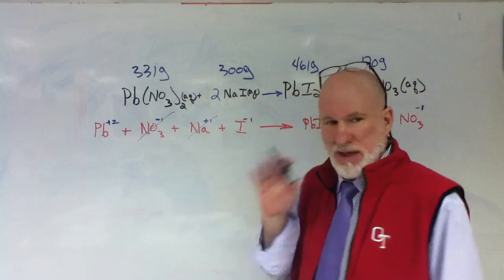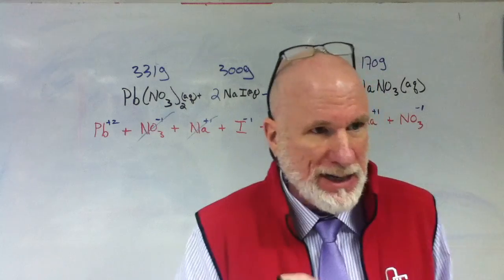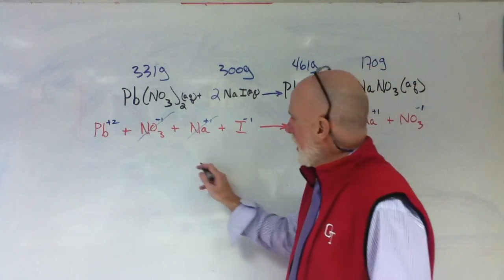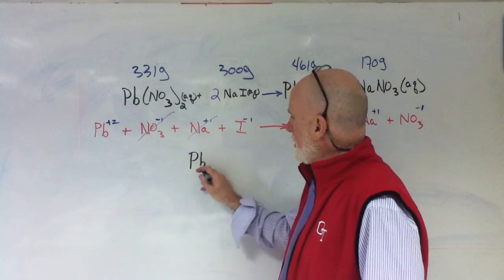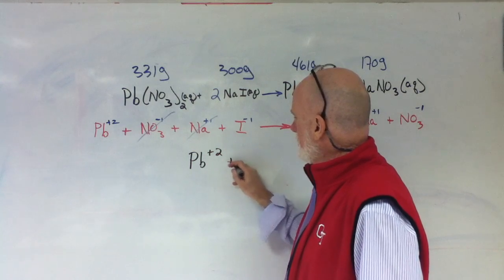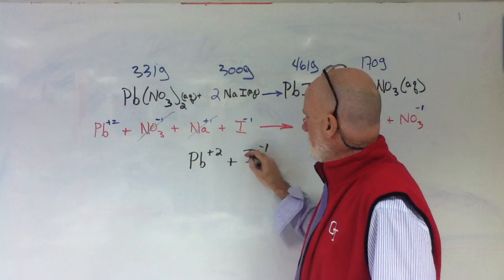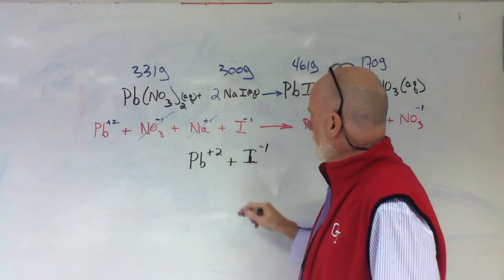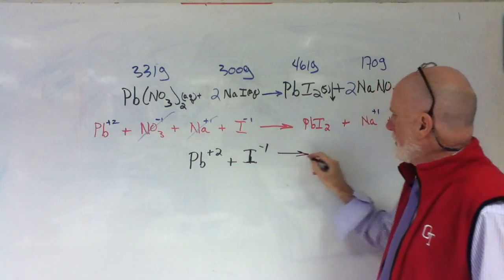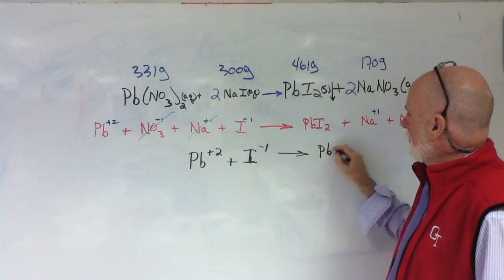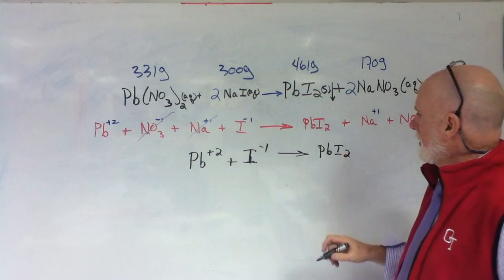So what's the net ionic equation? The net ionic equation is going to be the lead plus the iodine, and you're going to form lead iodide.